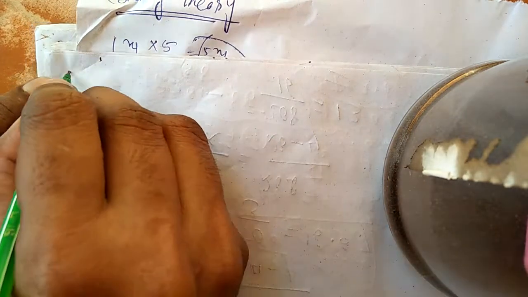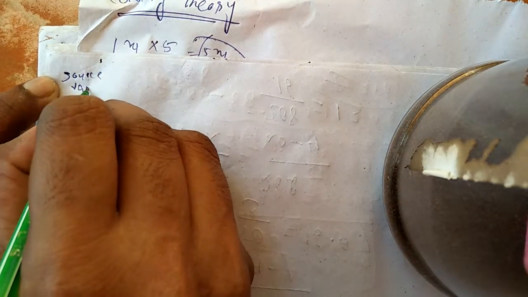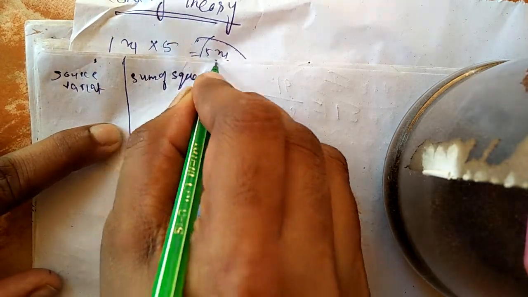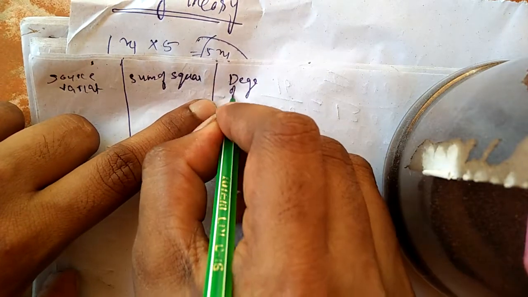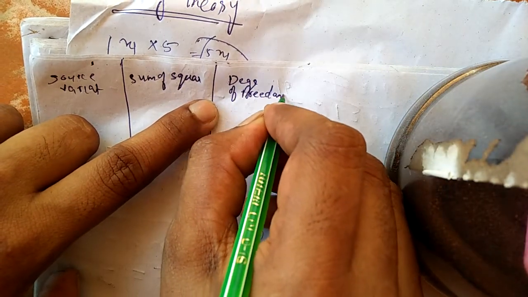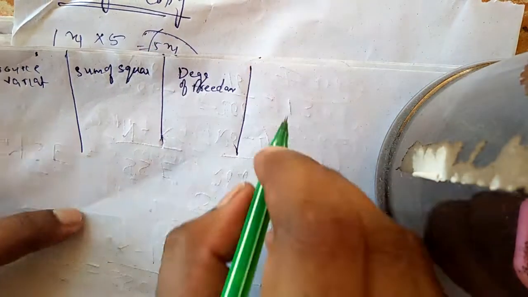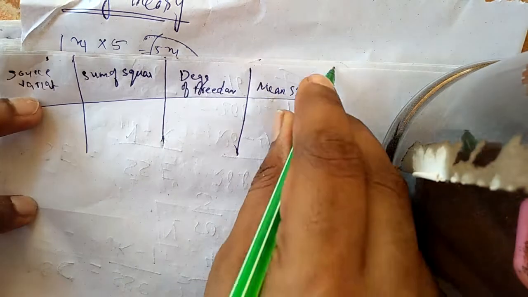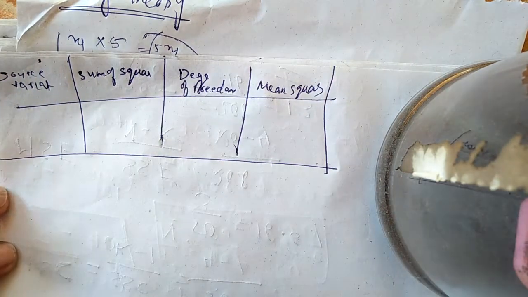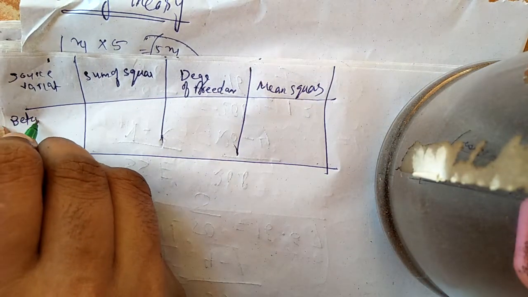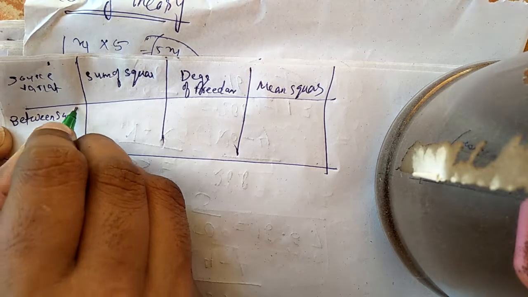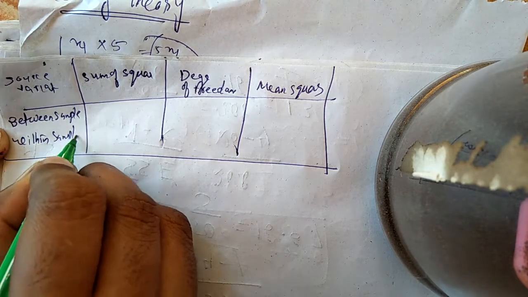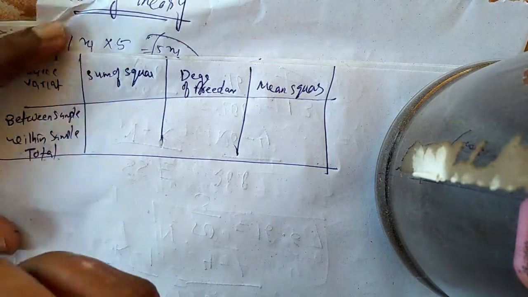So ANOVA table: source of variation, sum of square, degree of freedom, next mean square. So here between sample, within sample and total.